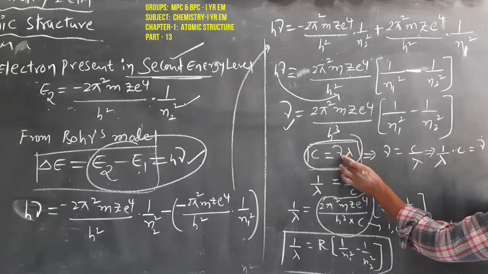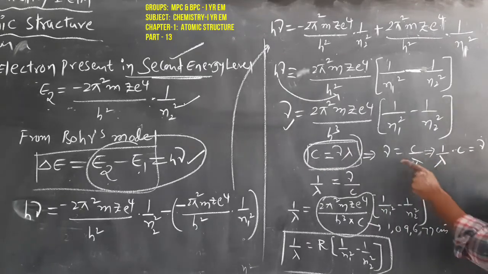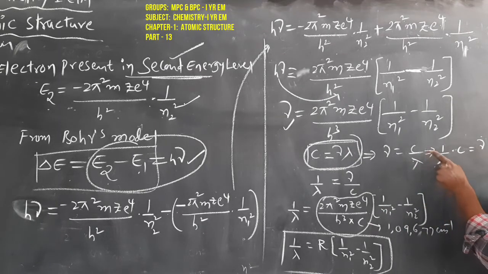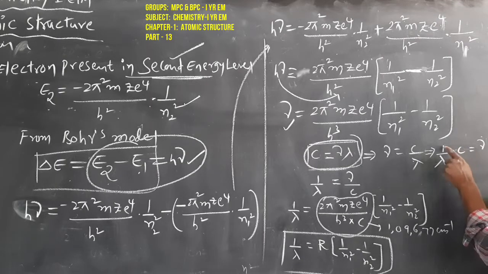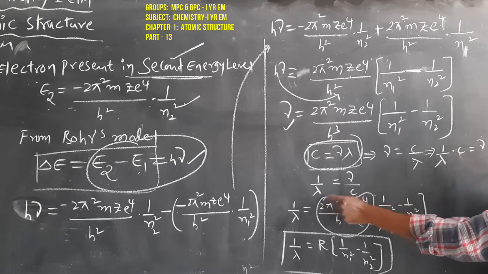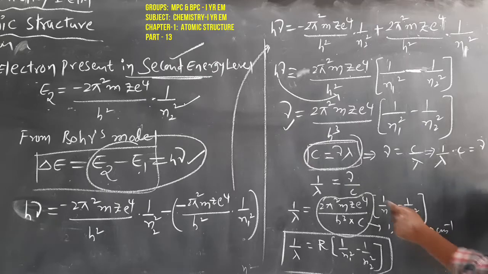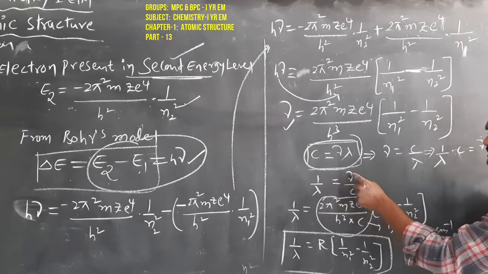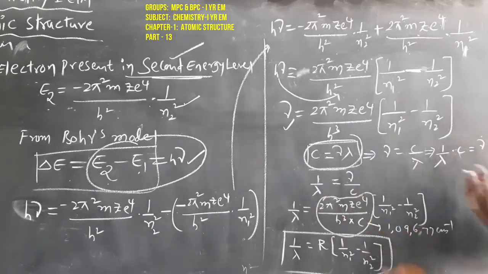From this equation, nu is equal to how much? nu is equal to c by lambda, so nu is equal to 1 by lambda into c. From this, c goes to the denominator, so 1 by lambda is equal to nu by c.